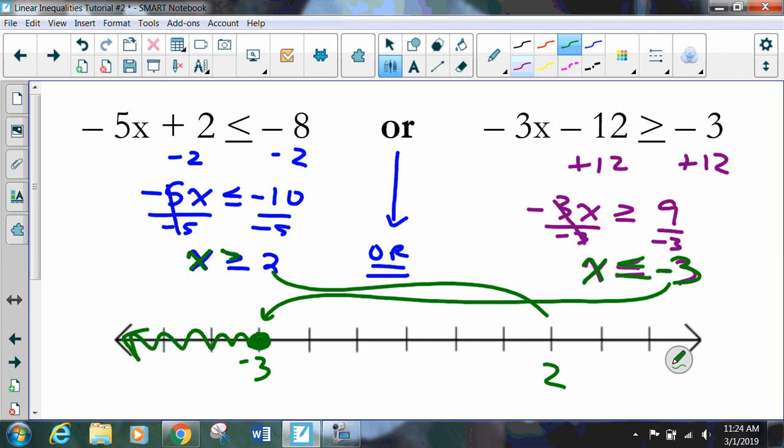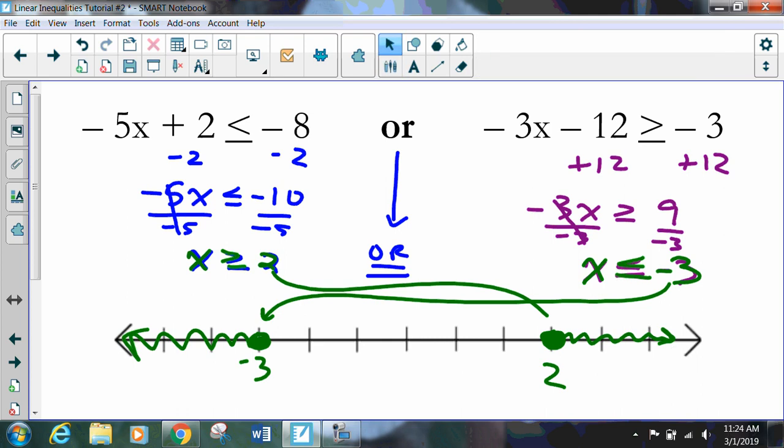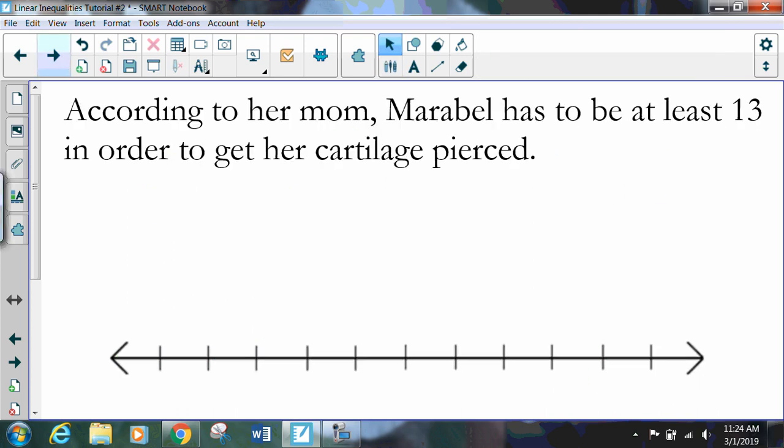X is greater than or equal to 2. Means I'm going to do a filled-in circle at 2 and move to the right. And once again, most ORs that you see will look like this, the shading going both to the left and to the right. All right, let's see if I have a marker board one for you. Oh, I don't. Whew, you got spared a marker board problem.